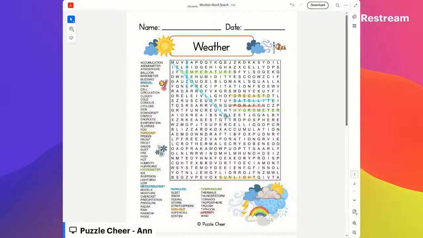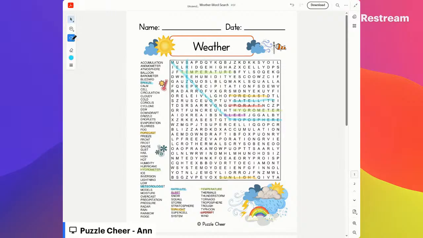Let's see. Sleet is right here under hygrometer. Sleet, SLEET, sleet. And again, horizontal in that same area, we have troposphere, TROPOSPHERE, troposphere.